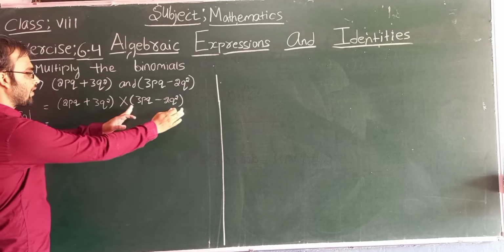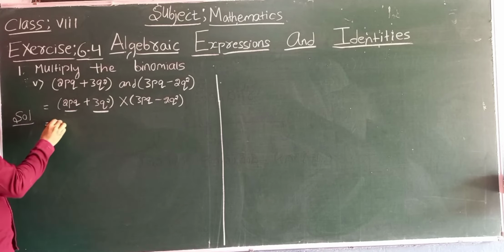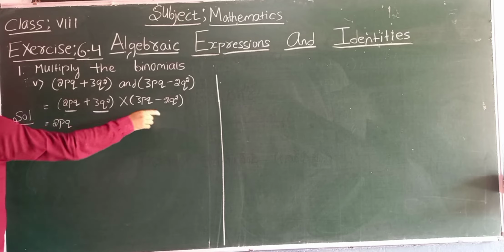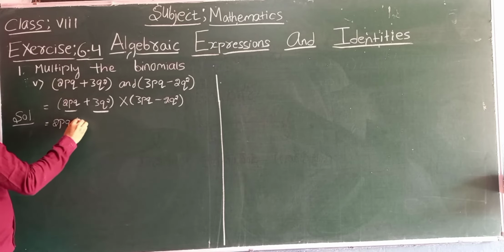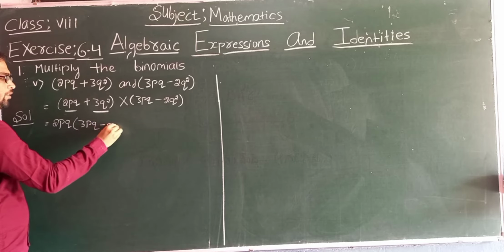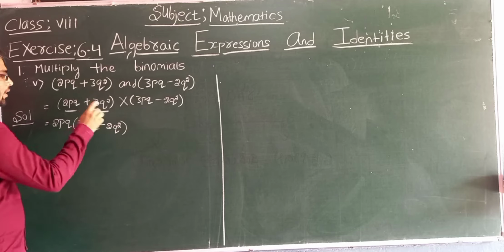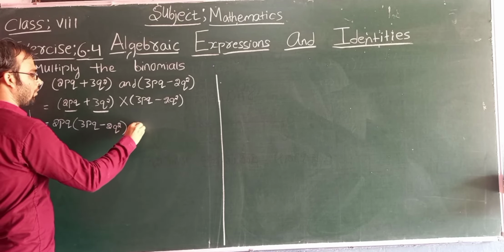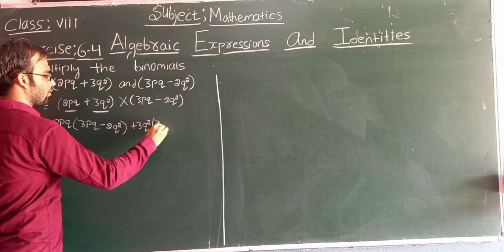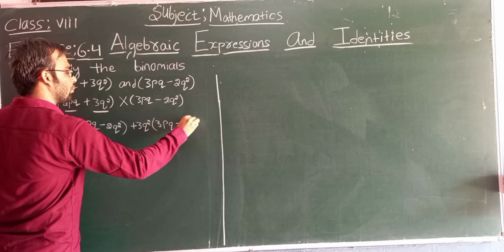I will keep this one as it is and divide this one into two parts. Write the first part here, 2pq. Next write this one as it is, 3pq minus 2q square. Now write this one, plus 3q square, into 3pq minus 2q square.